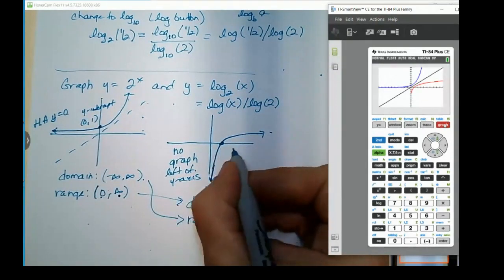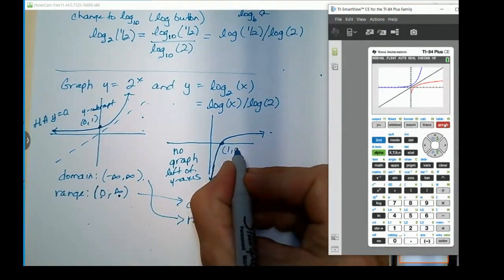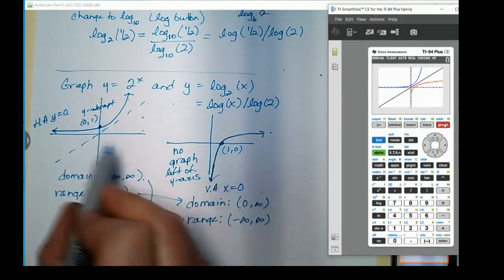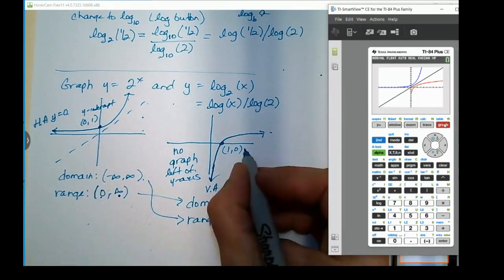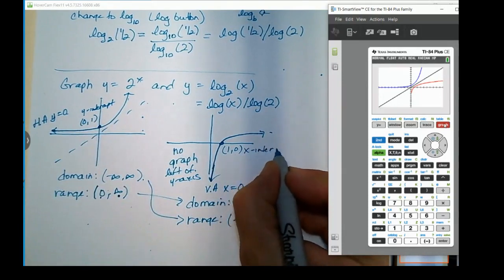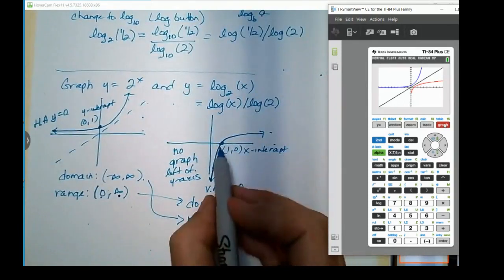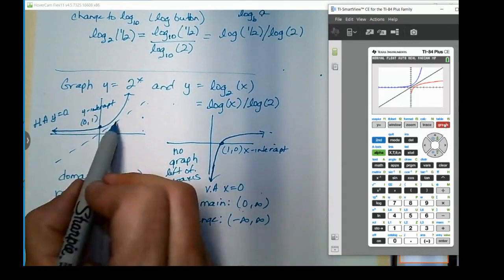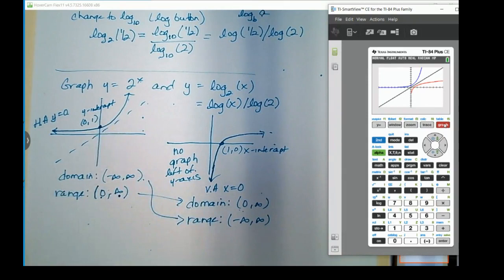That means on this graph we have an x-intercept that's (1, 0). So we took our coordinates here and switched them, so we went from (0, 1) to (1, 0). And that's our x-intercept. That's the only place that that graph crosses the x-axis. This graph doesn't ever cross the x-axis.